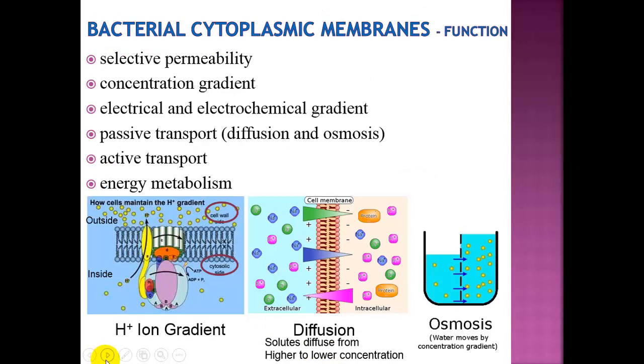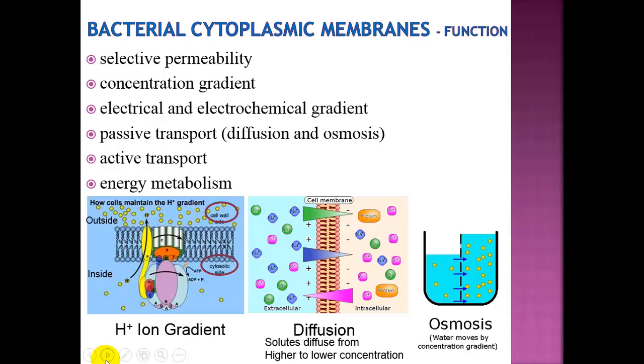The function of the bacterial cell membrane is similar to that of all biological membranes. They include selective permeability, concentration gradient, and electrical or electrochemical gradients. Also, the cell membranes aid in the transport of solutes and solvents through passive or active transport.